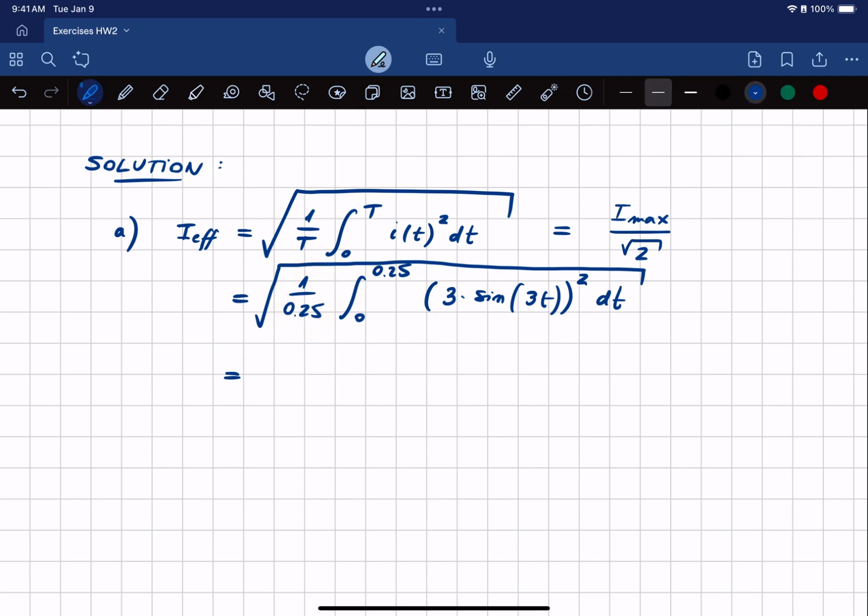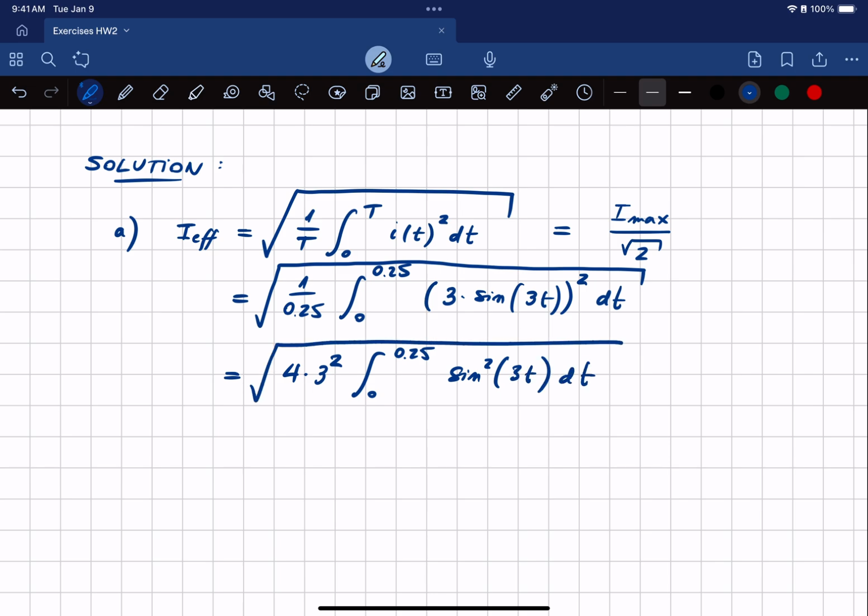So it's gonna be 4 times 3 squared, which is 9. Let's keep it as 3 squared, just because it's easier to explain. 25 sine squared of 3t dt, and everything in the square root.